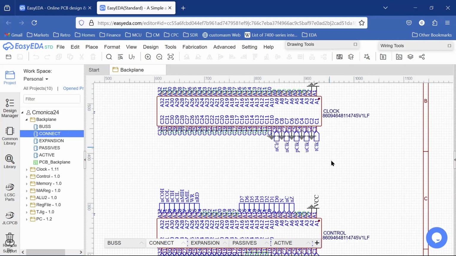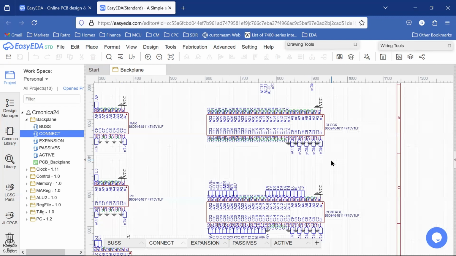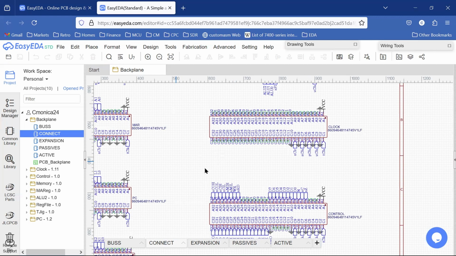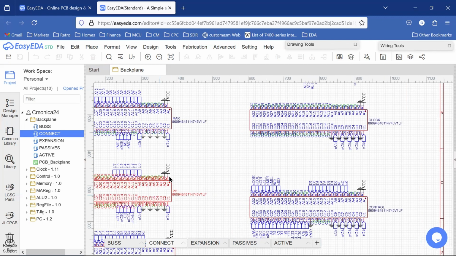Somewhere along the way, I stopped doing that because it felt like it was just extra work. And what I started doing was I noted the pin numbers. And when I got to doing the schematic here, I noticed I made a mistake.